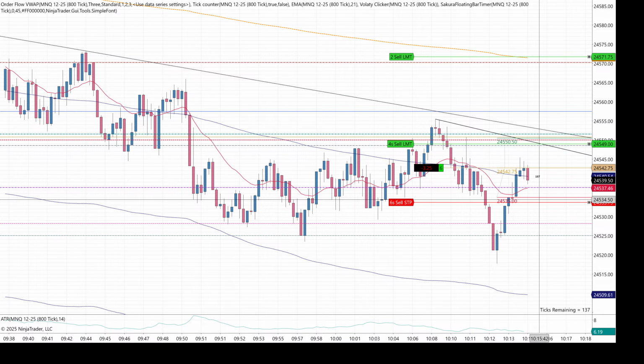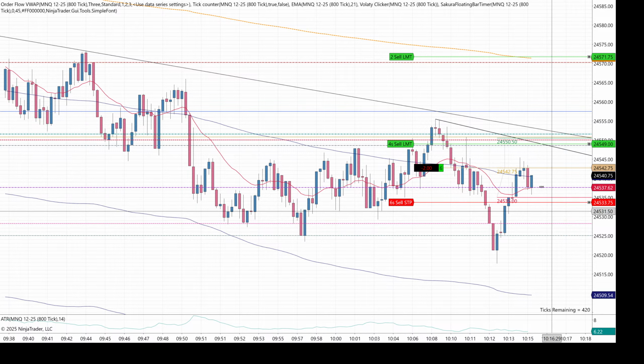I'm not sure if this trade's going to work, but love that.